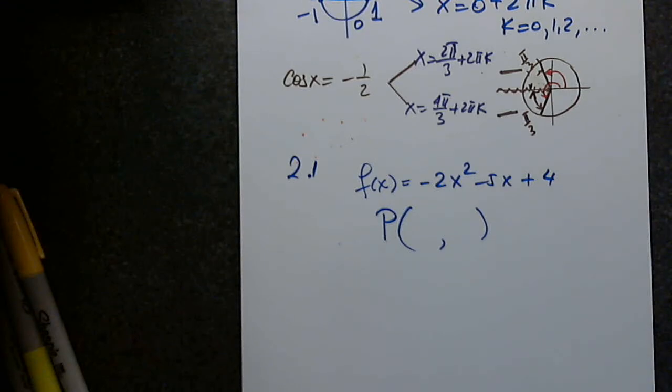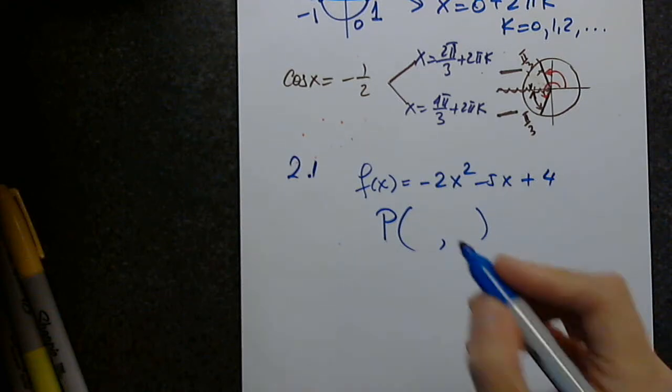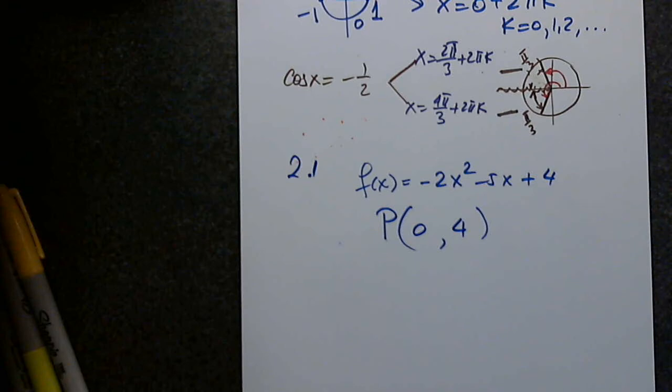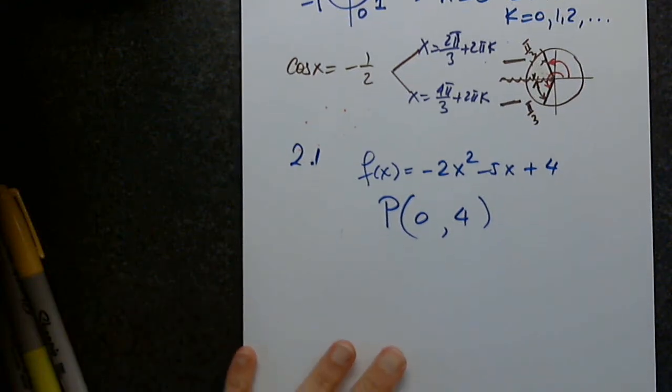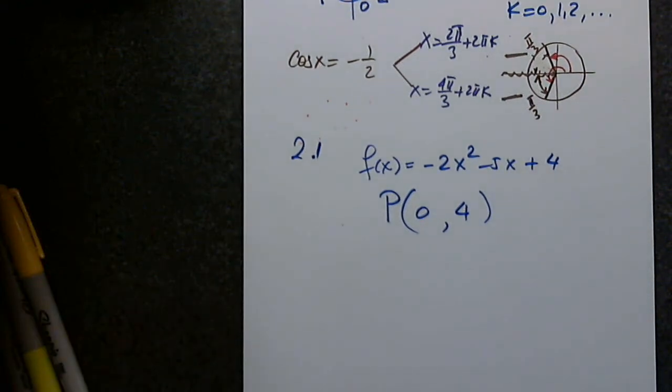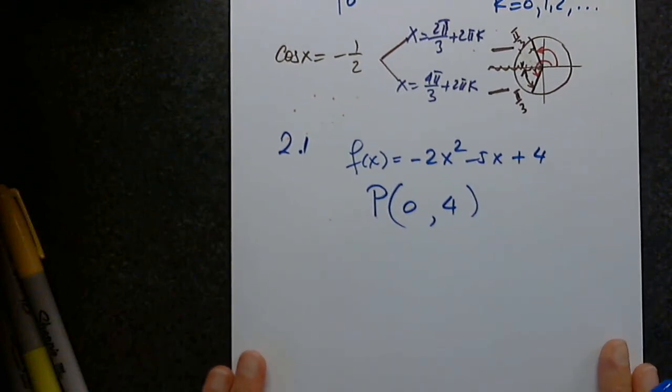But 0, 3, not 4, yet. 0, 4. Yes, I agree. 0, 4 is a point on this graph. Do we agree? Yes. Because when x is 0, y is? 4. Yes. So this function that we just created has this point somewhere on it, 0, 4.